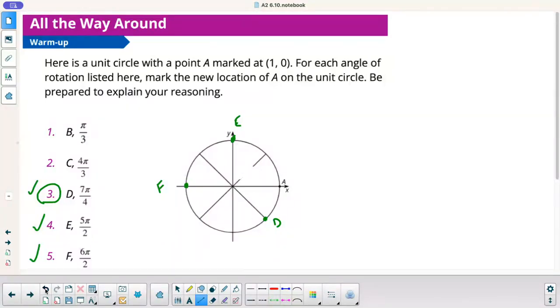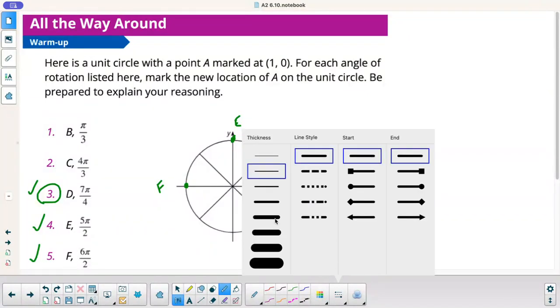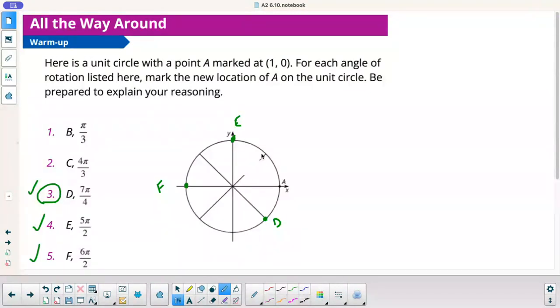I didn't want to do that. So I'm going to erase these lines, and I'm going to cut my circle into equal sections so I can see it a little bit better. So I'm cutting it into 3 equal slices.